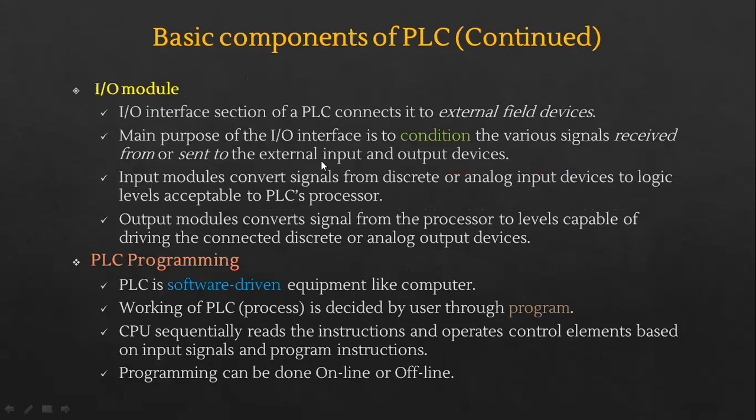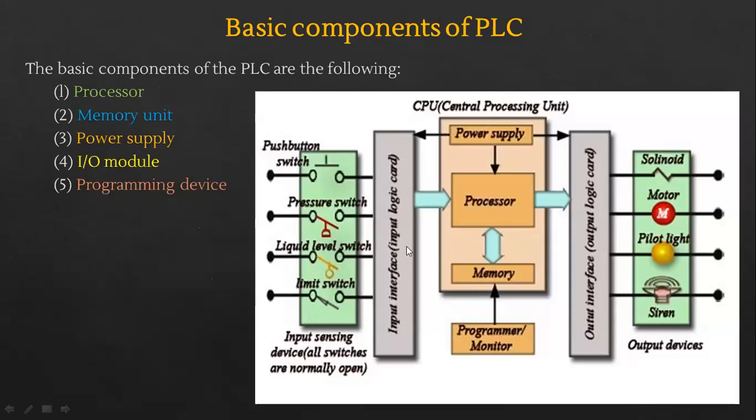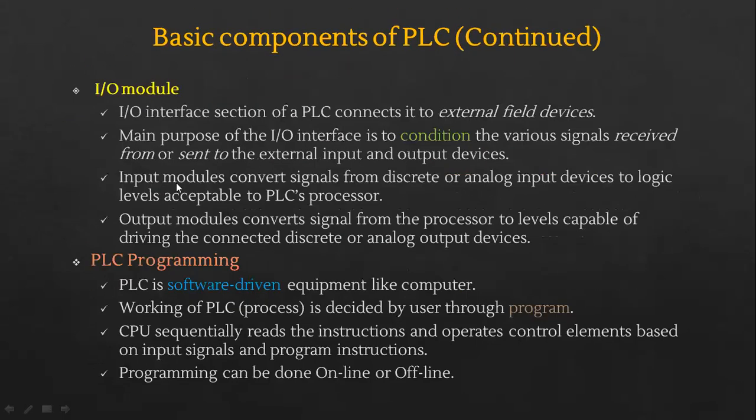And then the input output module, as we saw in that diagram, the different input sensing devices and the output devices that we are controlling. The input output interface section of a PLC connects it to the external field devices. Those input devices are external, physical devices, and so are the output devices.